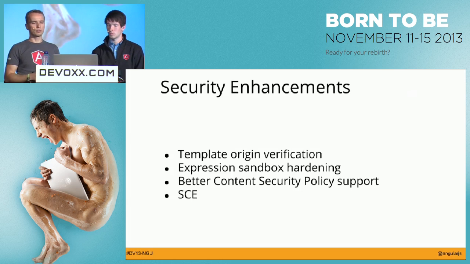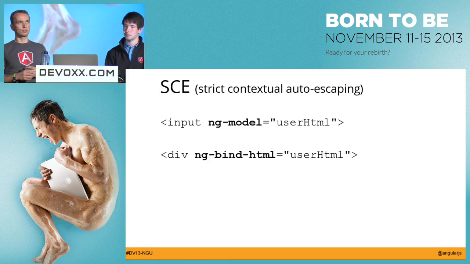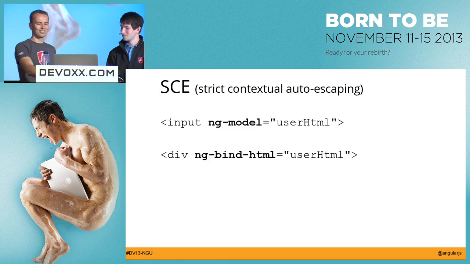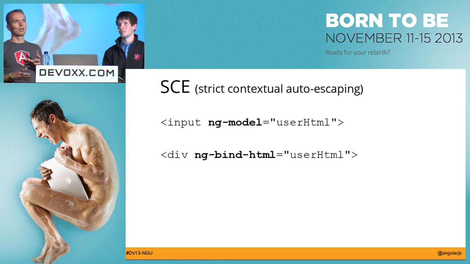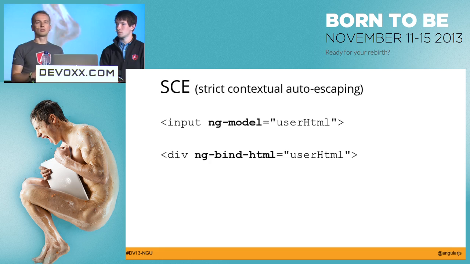And the last feature I want to talk about is strict contextual escaping. This is something that is very deep in the core of Angular, and it's not obvious, but Angular does a lot of DOM manipulation, and almost all of these DOM operations are safe.